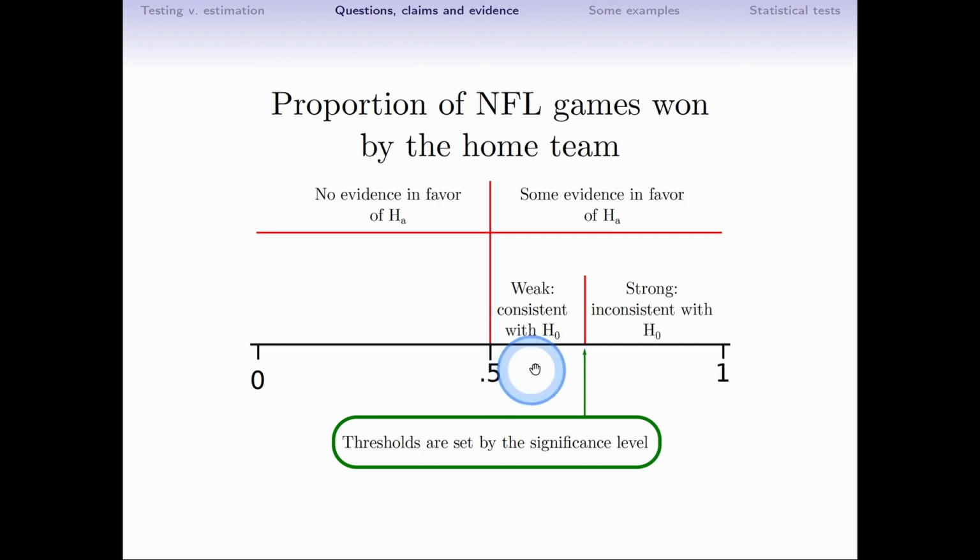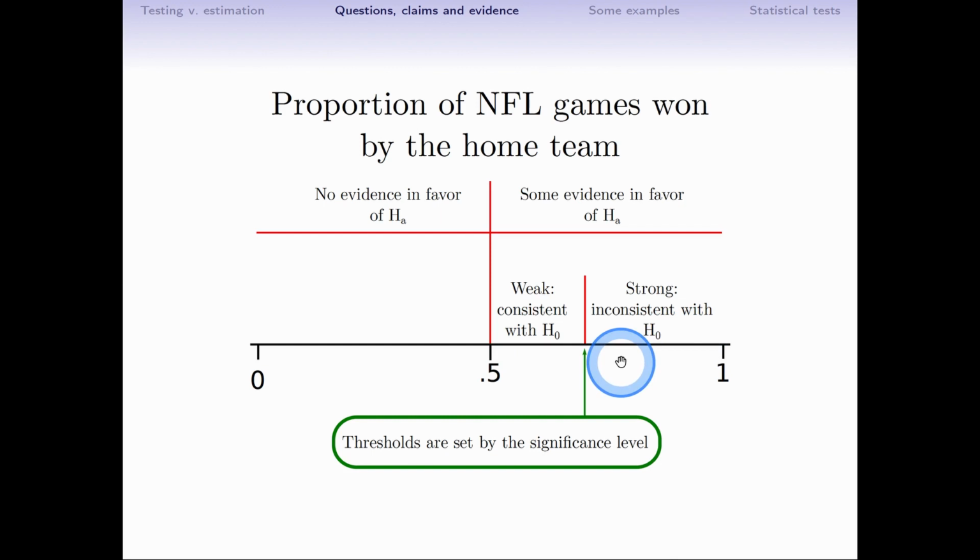Our intuition tells us, however, that as the value of p-hat moves closer to 1, the evidence for p greater than 0.5, the evidence for the alternative hypothesis, becomes stronger. So imagine that the home teams win 70% of their games, or 80%, or 90% of their games.